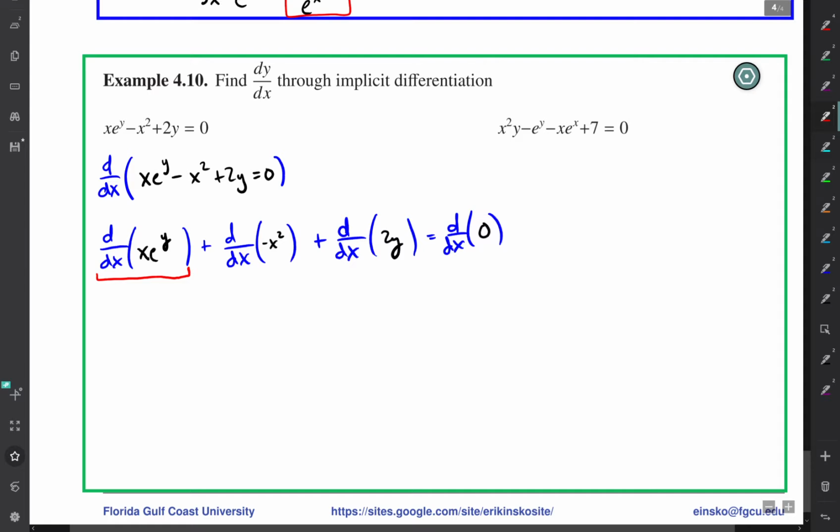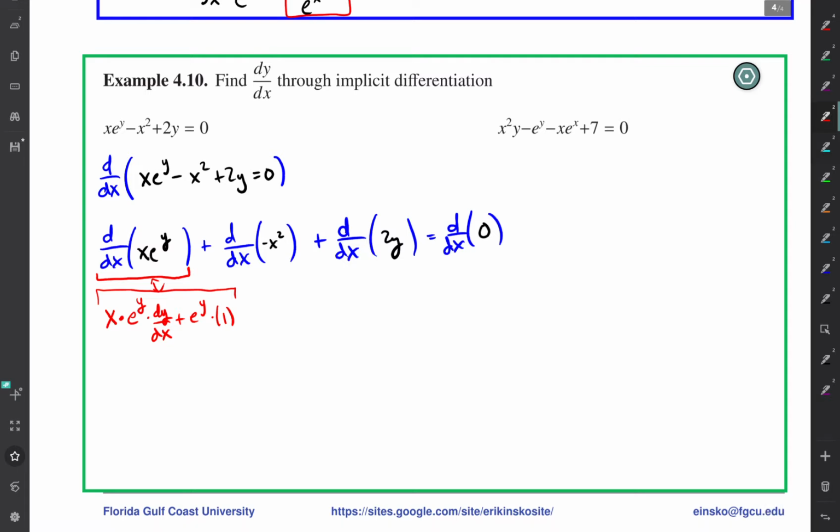So this is going to be the first times the derivative of the second. Well, the derivative of e^y is e^y dy/dx, plus the second, which is e^y, times the derivative of the first, which is just 1. Okay, so this whole thing is the product rule applied to that little bit there.